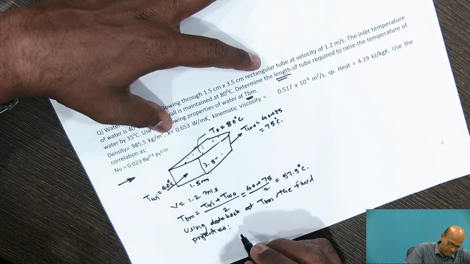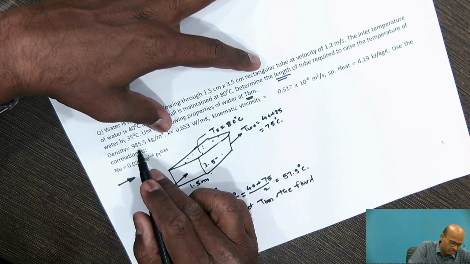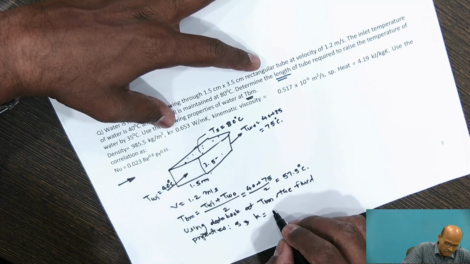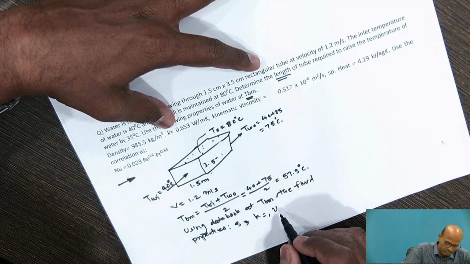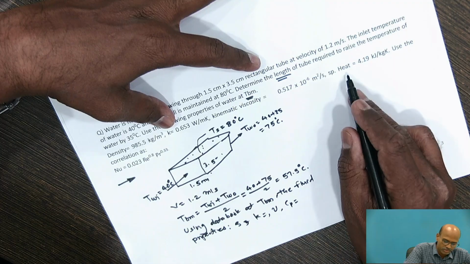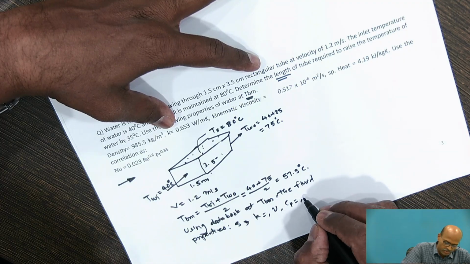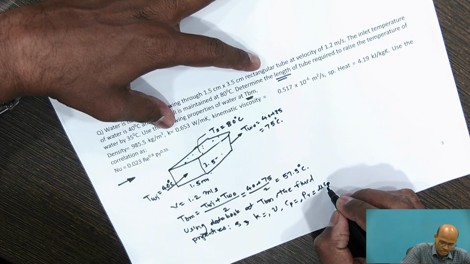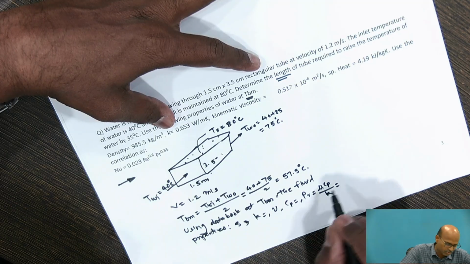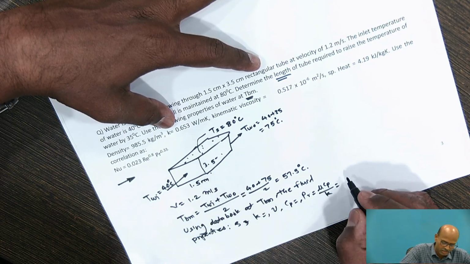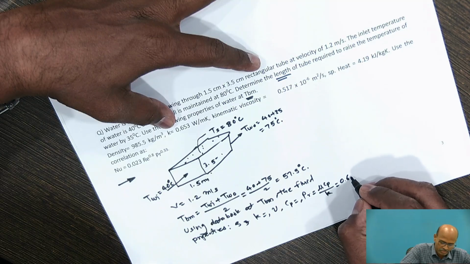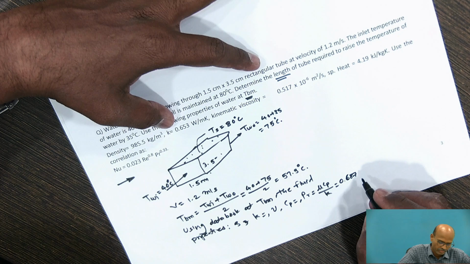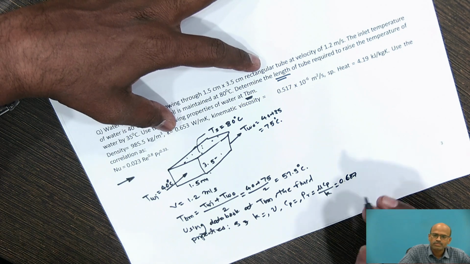So which properties are given? Density is given, thermal conductivity is given, kinematic viscosity is also given, specific heat is also given, and one more property we require, that is the Prandtl number. So what is the Prandtl number? Mu Cp by K. If you substitute the mu Cp by K, you will get either 0.6 something, 0.687 etc. You will get the Prandtl number, or in the air property table it is provided.